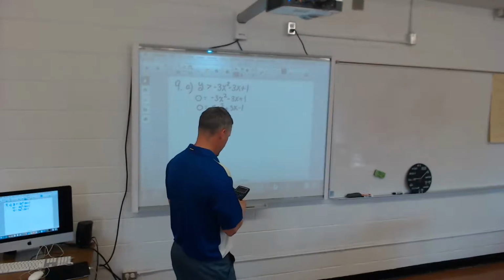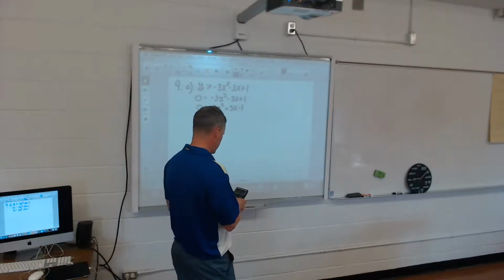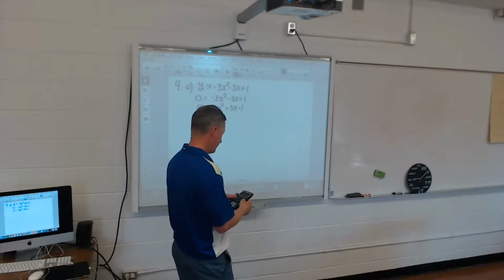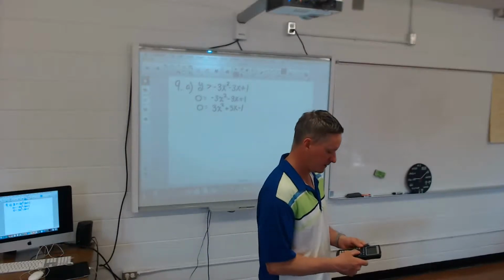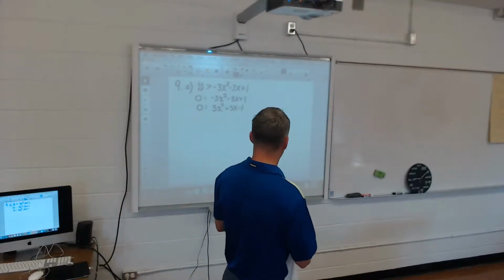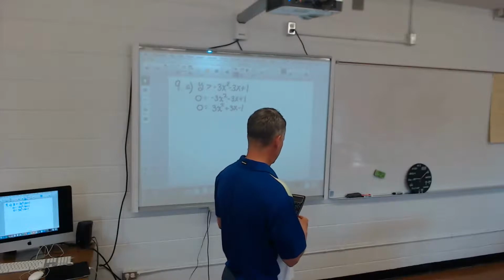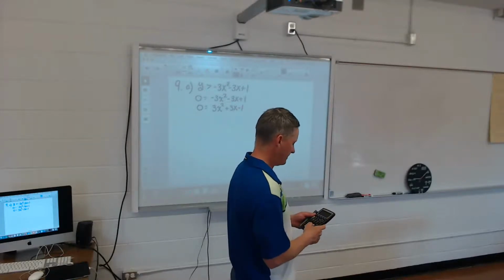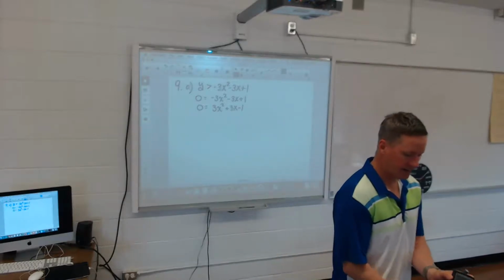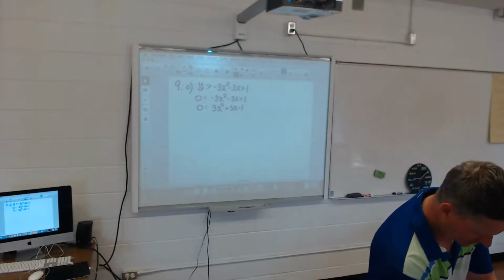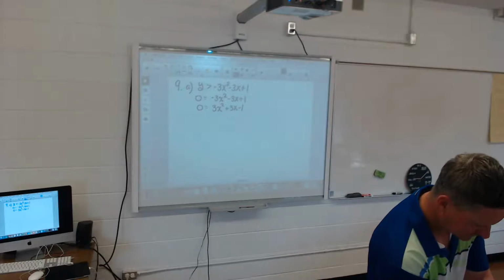So I've got negative 3x squared minus 3x add 1. Graph. I forgot to do what I want to do, which was I'm going to change this so it's actually shaded, so I get an idea of it. I don't know if you're going to be able to see this all that well, but there's my shaded graph.